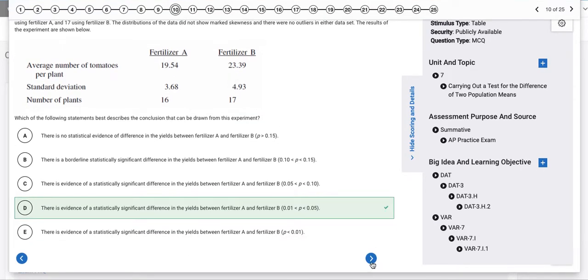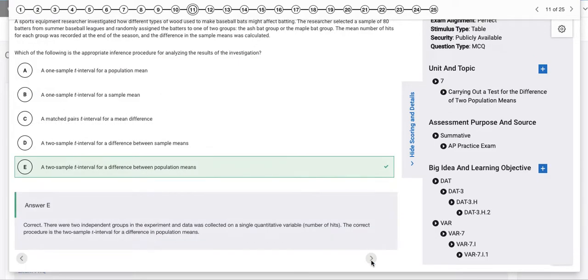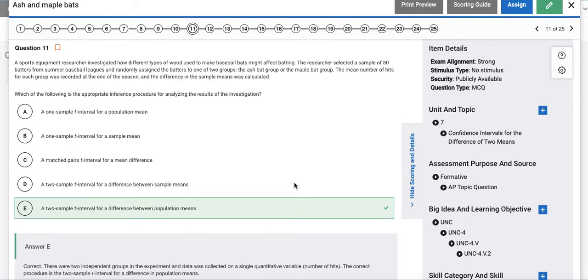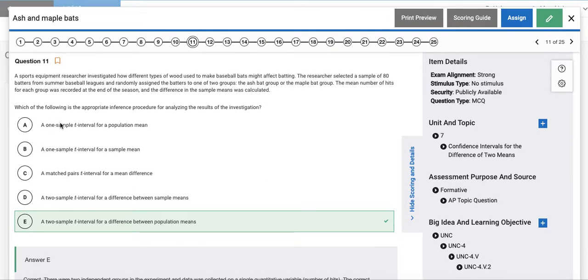Number 11. Okay. So this question is just asking what type of test you should apply. This is a great question, guys, because right now, we've gone through A, and A is an actual test, B is not an actual test, right?